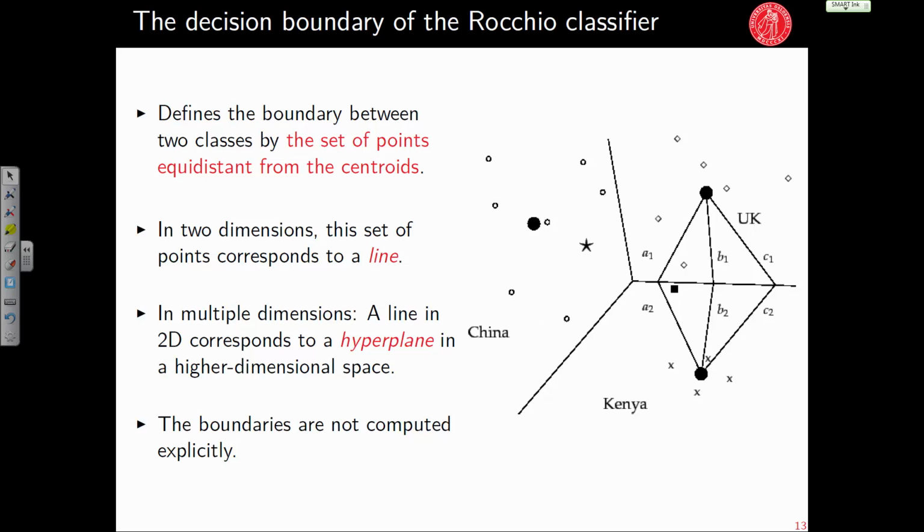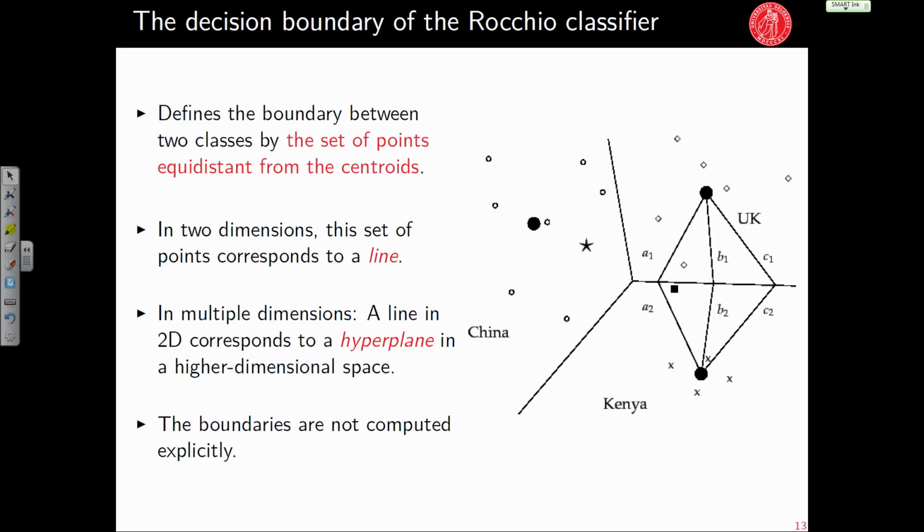This is a two-dimensional space again. It might sometimes be confusing to think that this is three-dimensional. This is two-dimensional, and these are the decision boundaries. The decision boundary defined by Rocchio based on the centroids that are computed is the set of points, the line, that has equal distance from the centroid of UK and the centroid of Kenya.